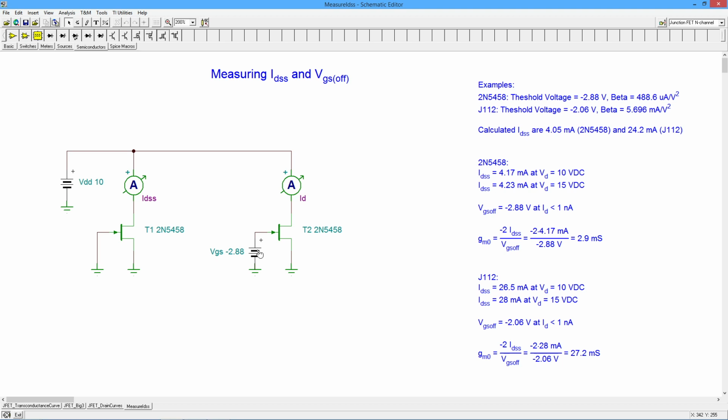Now you have those two values, right? You've got the shorted case for the ID value and this other case for the zero value. You've got your VGS off, you've got your IDSS, you can compute the GM0 with the equation we looked at earlier. You're good to go, right? So you use those values.